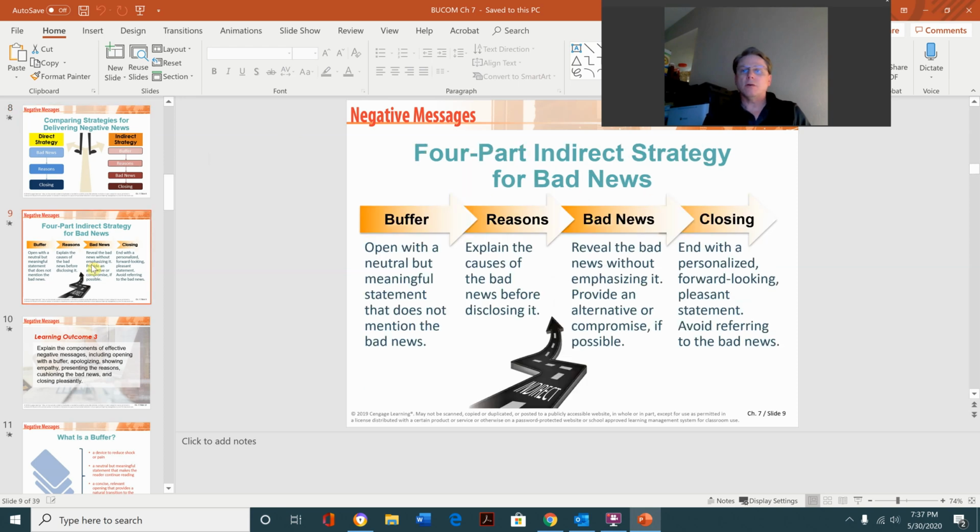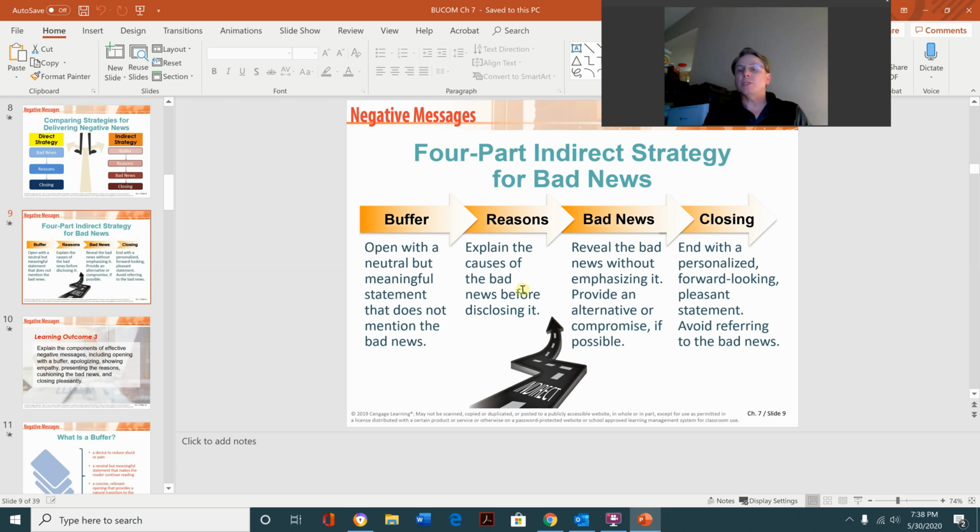Okay. So, the 4-part indirect strategy for bad news. The buffer starts with a neutral but meaningful statement that does not mention the bad news. This is small talk, niceties. It might start out with something positive. And then reasons: explain the causes of the bad news before disclosing it.